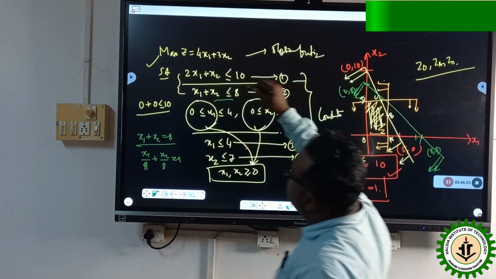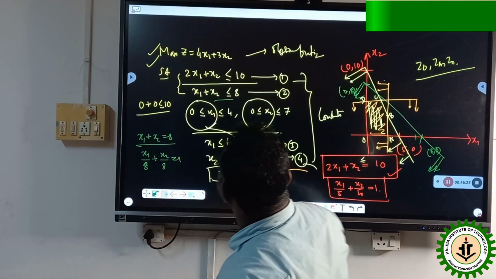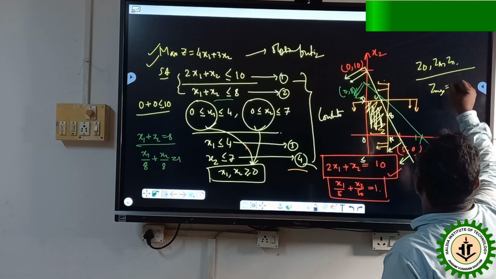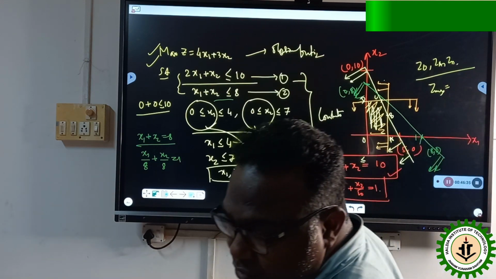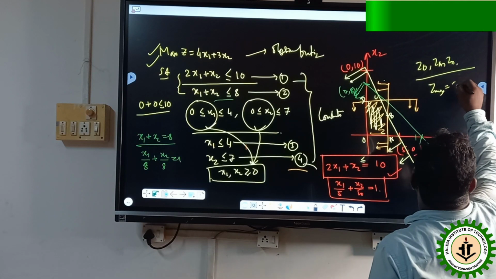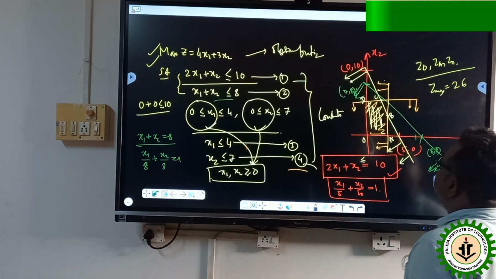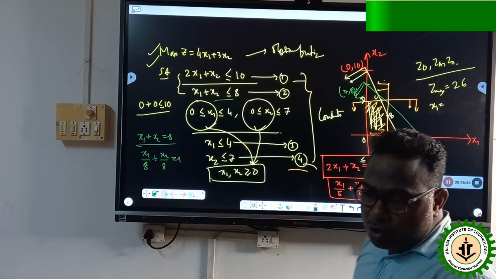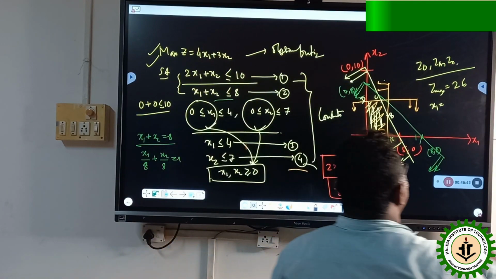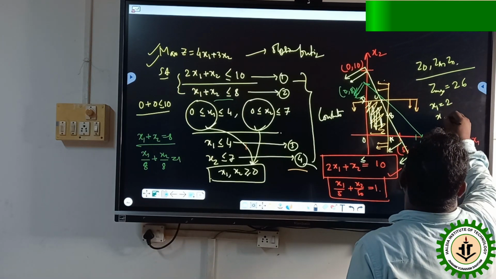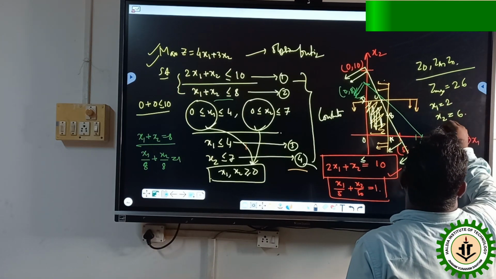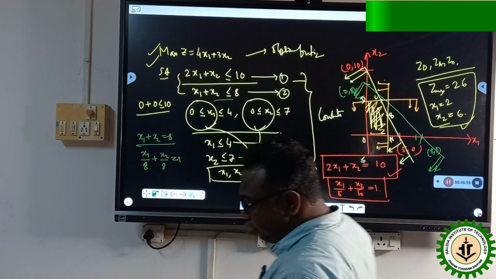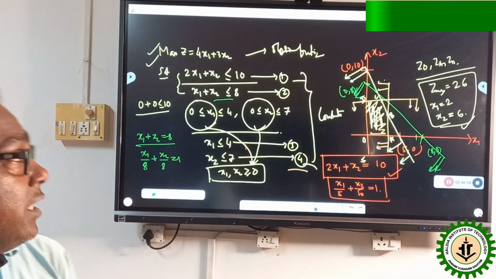Among these results, as the objective function is maximization, you find the maximum value, and after solving you get Z max equals 26, which corresponds to x1 equals 2 and x2 equals 6. In that way you can find the solution of an LPP by the graphical method.